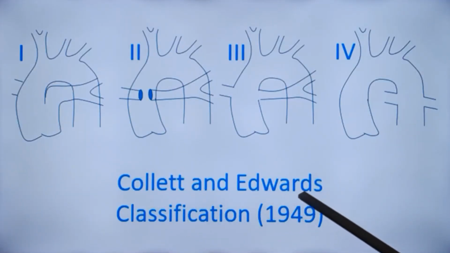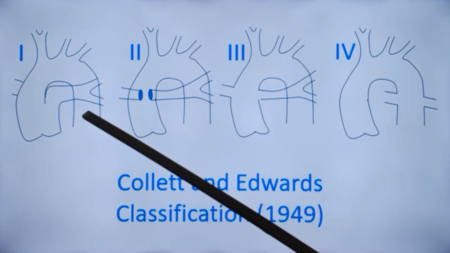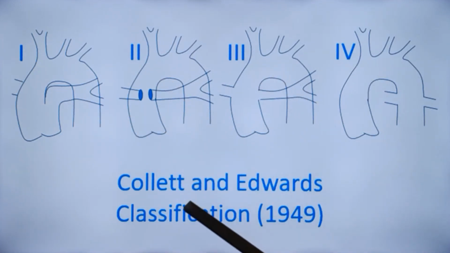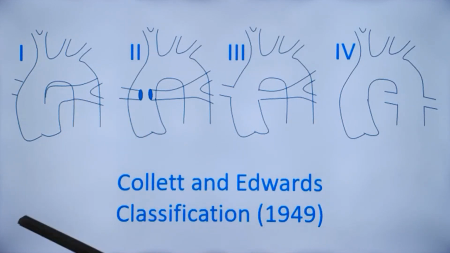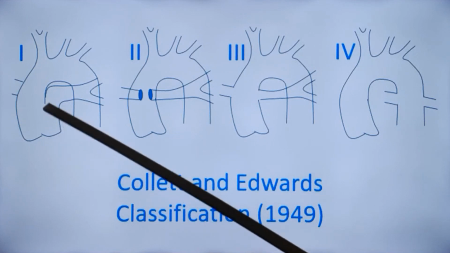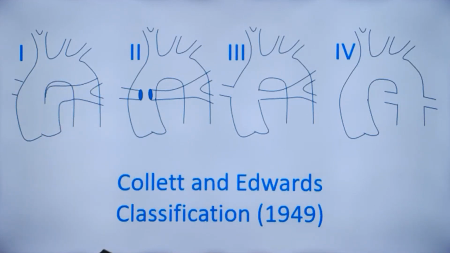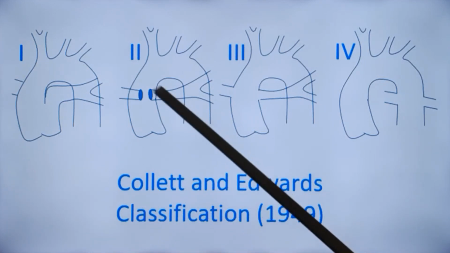Collet and Edwards' classification of truncus arteriosus is a morphological classification based on the origin of the pulmonary arteries. In type 1, there is a common pulmonary trunk which arises from the aorta and it divides into two. That is Collet and Edwards type 1.